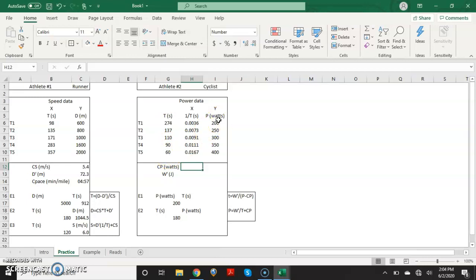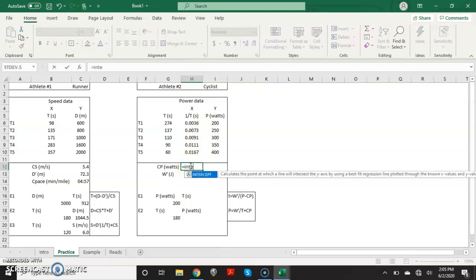So in this case, we have to take the hyperbolic 2-parameter model and convert it into linear, just to simplify the calculation of critical power and W prime. In doing so, we have to convert the time into an inverse time relationship so that this can be linear. We actually flip around the roles, or the location, of critical power and W prime in the linear regression equation.